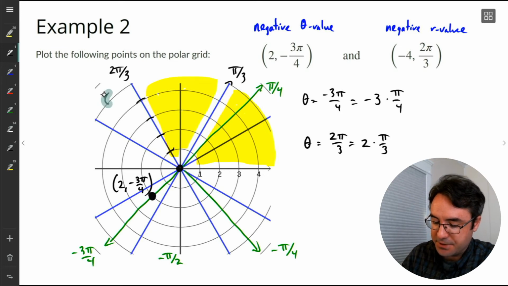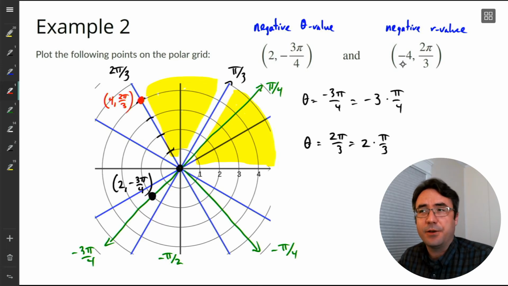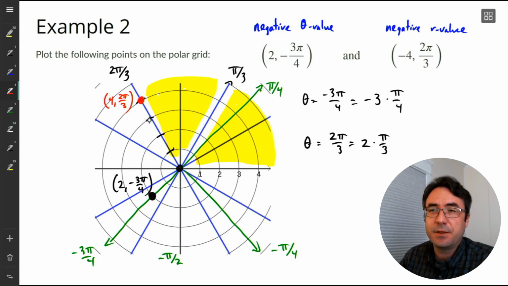And that would give us, it's not the point that we're actually interested in, but this would give us 4 comma 2 pi over 3. So if we negate the r value, if we're going to look at negative 4, we're still going to be looking at this ray 2 pi over 3. We're going to start at the origin here, but then we're going to go in the opposite direction.